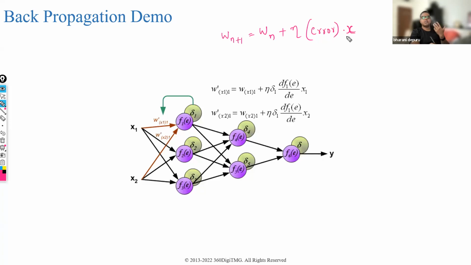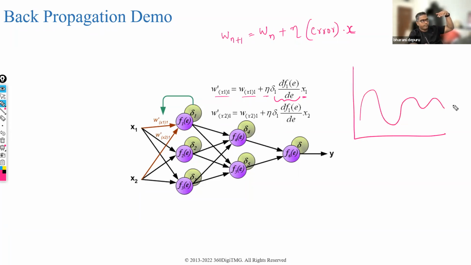This is the formula that we have used. So new weight equal to old weight plus eta value into error into input. Derivation or gradient or slope. You keep reducing. That's why you take a differentiation derivative.